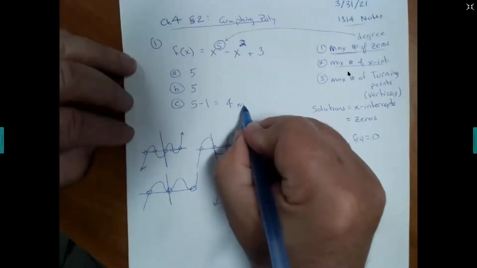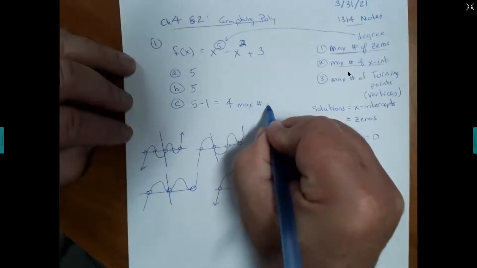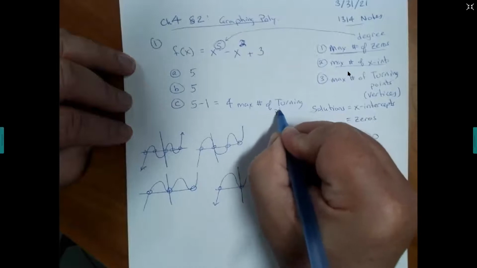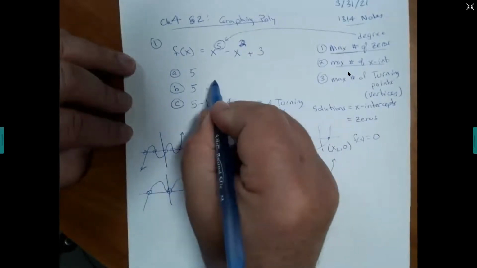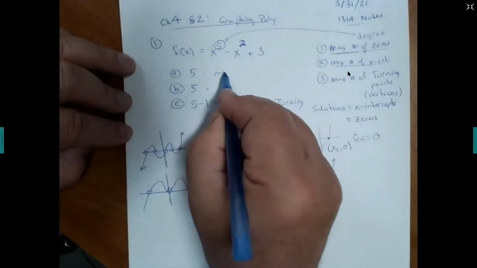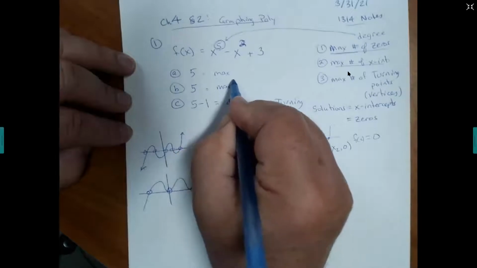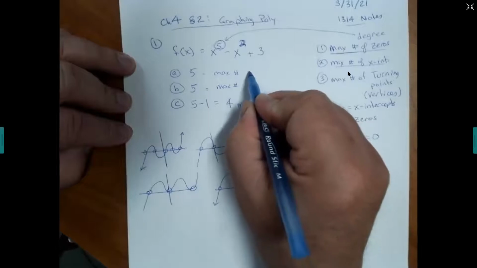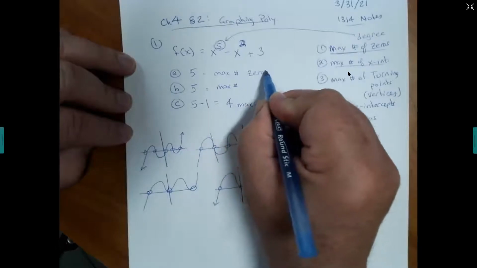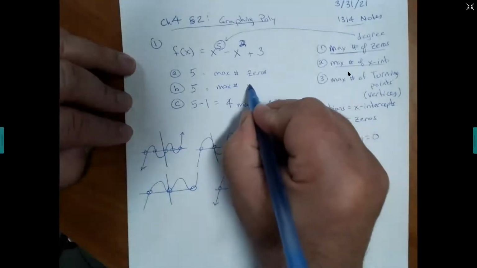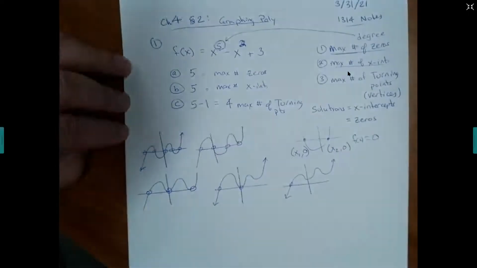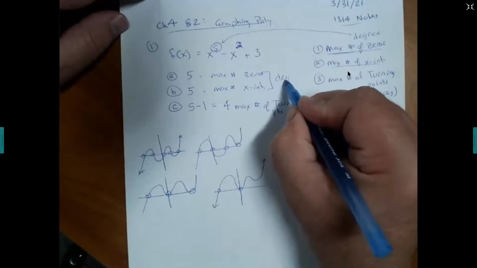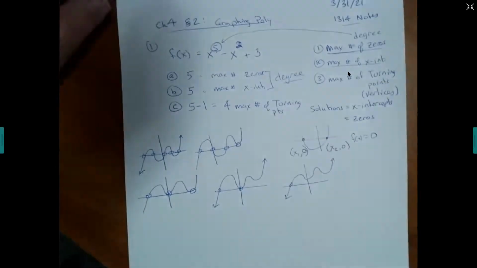So here's the max number of turning points. Max number of zeros and x-intercepts. So these two are the same as the degree of the equation.